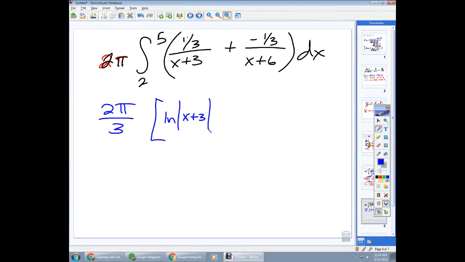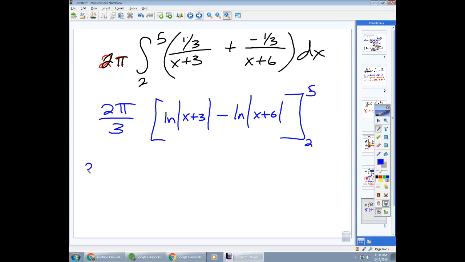And then here I would have a -1 because I pulled out the 1/3. So minus natural log, absolute value of x plus 6, and evaluate it from 2 to 5.